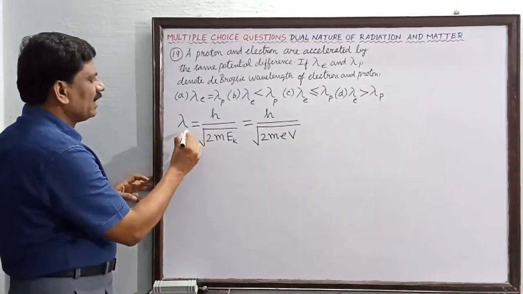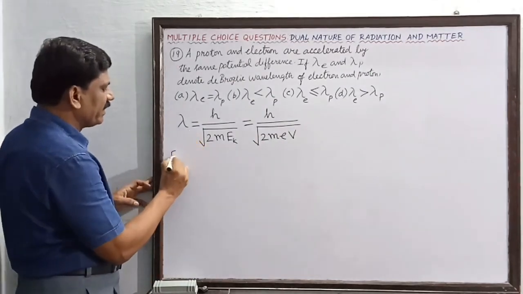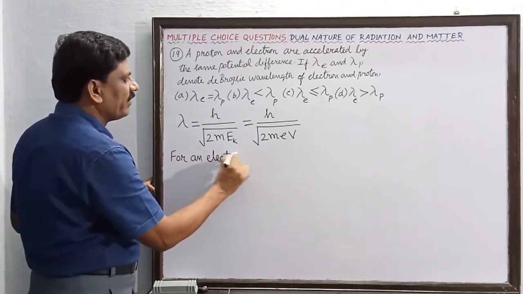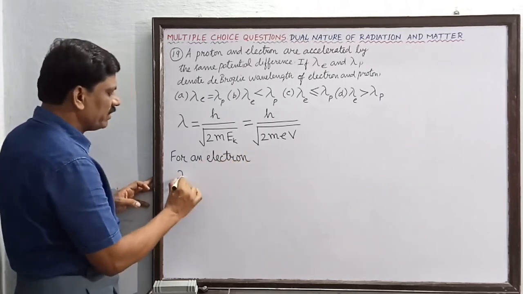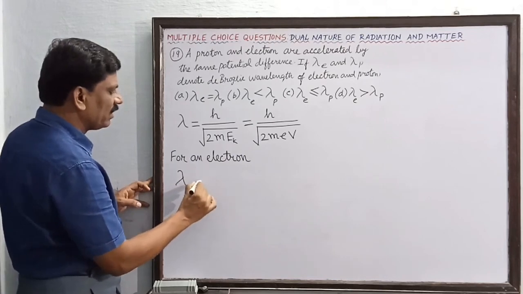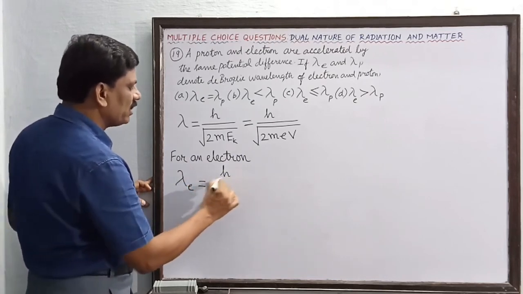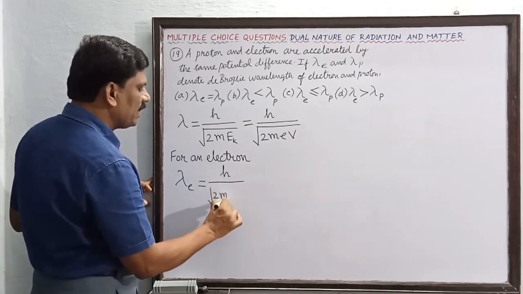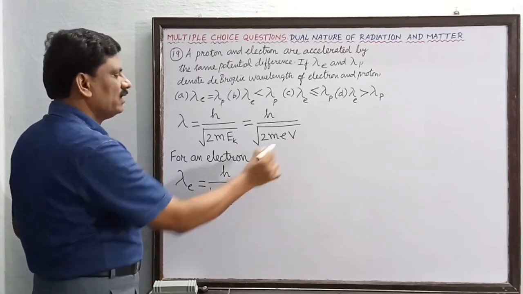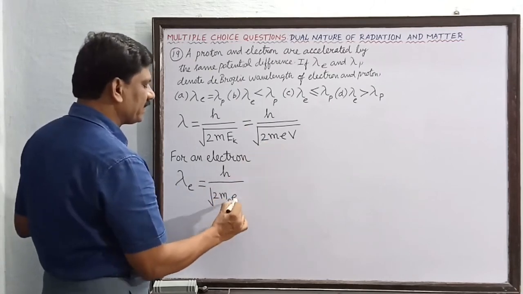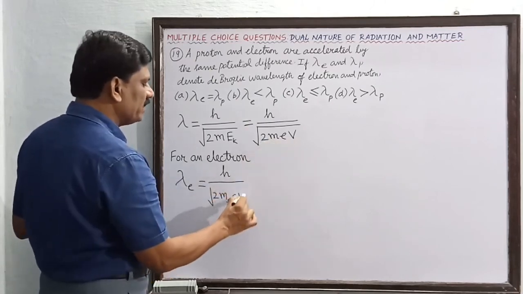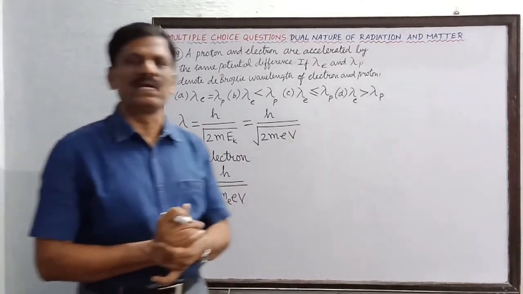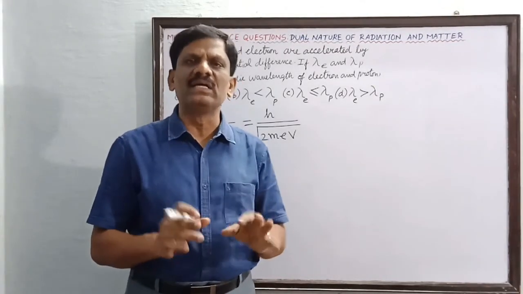So for an electron, first I will write the equation for an electron. The de Broglie wavelength of an electron is equal to h divided by square root of 2 into mass of the electron into charge of the electron into V. The charge of the electron and proton are one and the same except the sign.